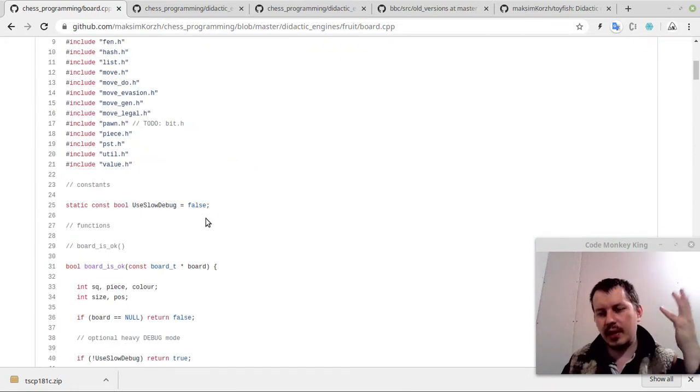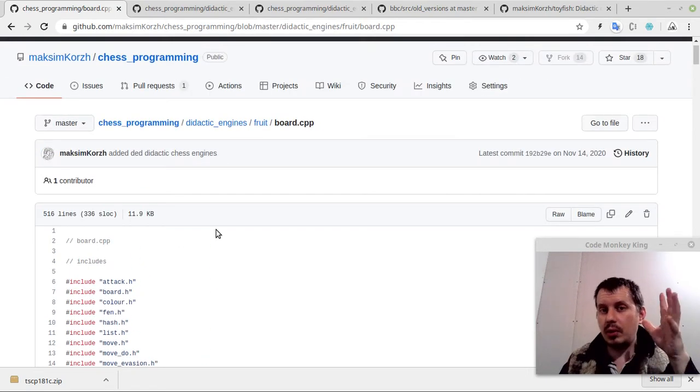This file also contains the definitions of the board position overall and all the data structures that the engine is using in order to operate, right? And here it's already slightly better, because back in the day Fruit was considered a didactic engine at some point, and it actually gave birth to many engines, like Rybka, for instance.